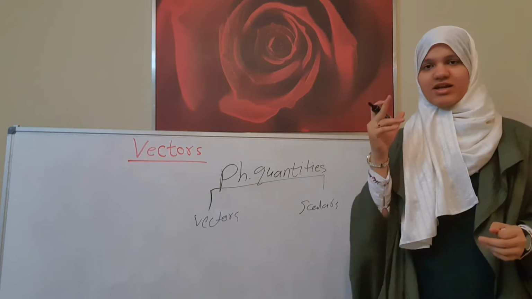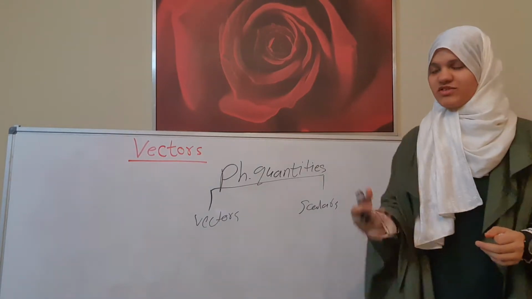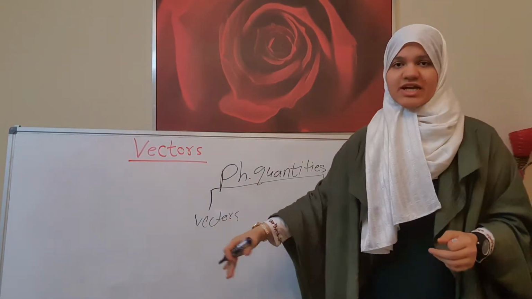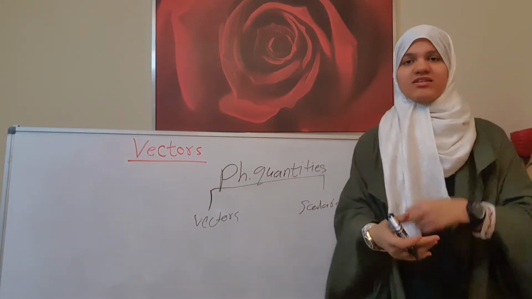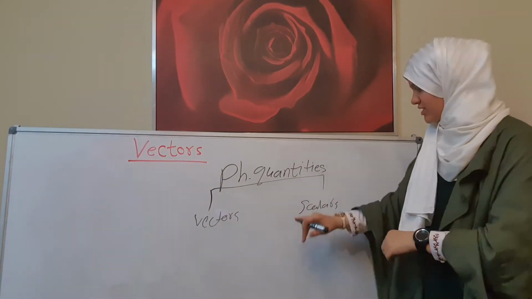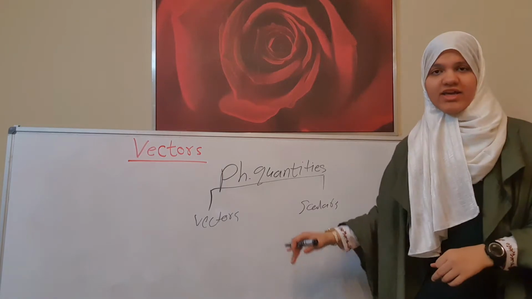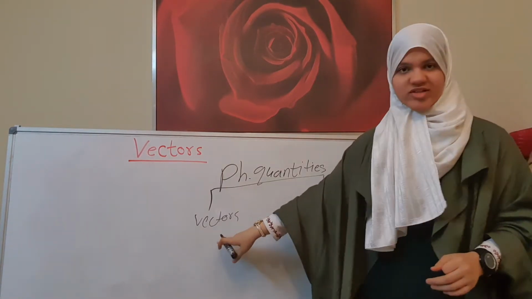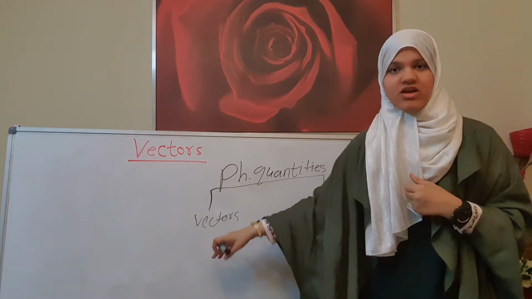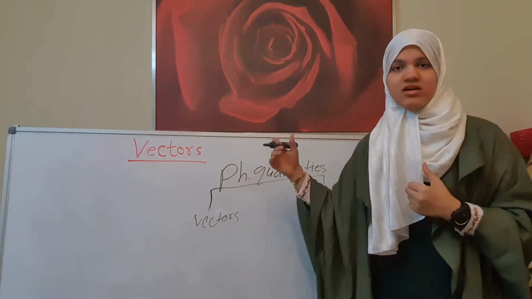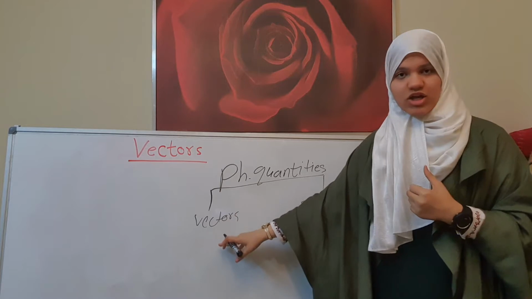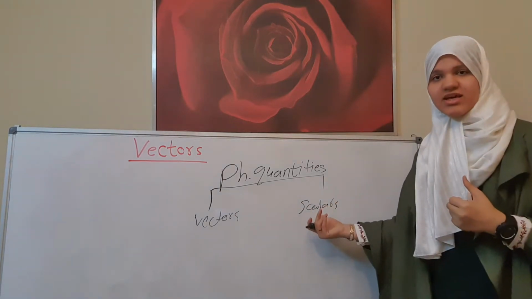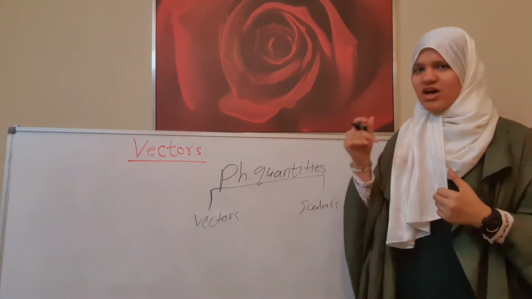There is one main difference between them: a vector specifies magnitude and direction together, but a scalar only specifies magnitude without direction. There are many examples of vectors, like force and displacement. Volume and density are scalars. Then we have time, mass, and length.